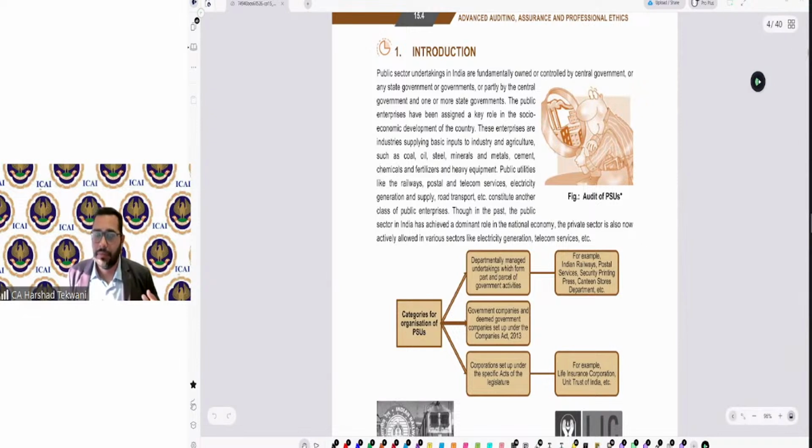Let's say, for example, you have been appointed by CAG to audit a particular scheme. For now, forget everything, undertakings and everything.